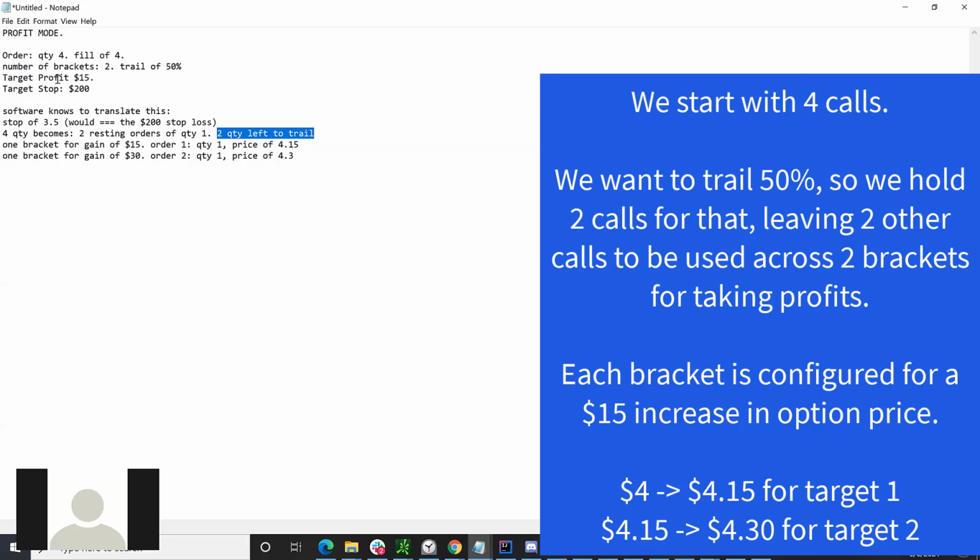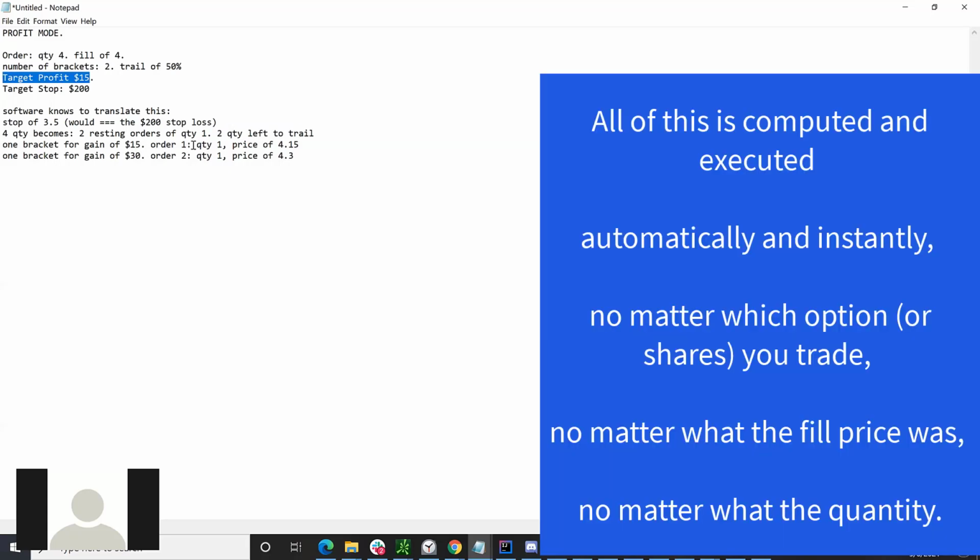We want 2 brackets, and we're going to have 2 quantity left over for trail. So that's going to turn into 2 brackets of 1 quantity each, split up evenly. The software is going to figure out for us a price of 4.15 and a price of 4.3.